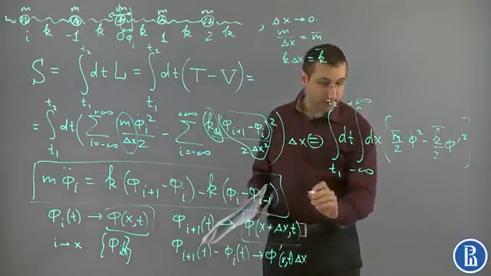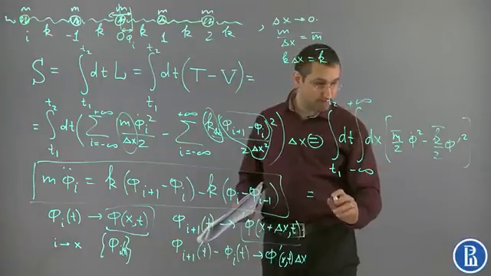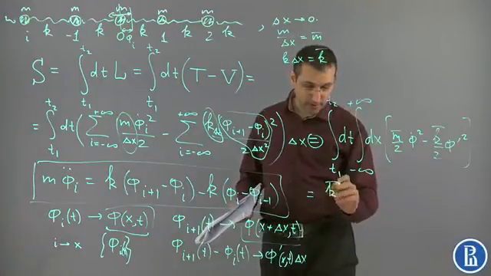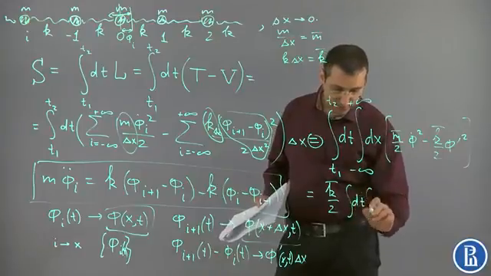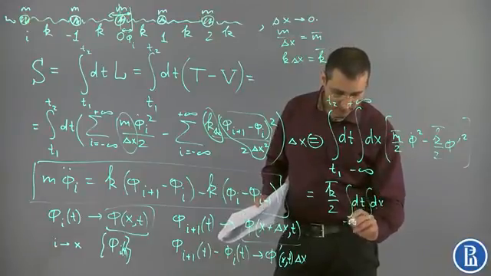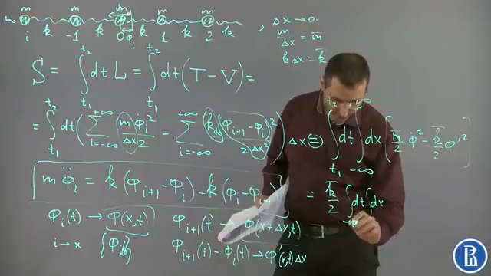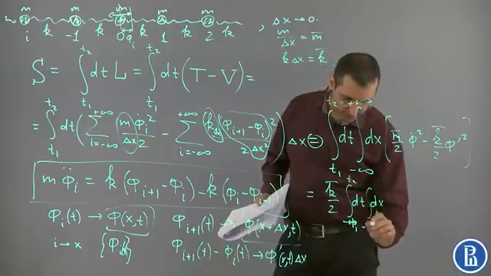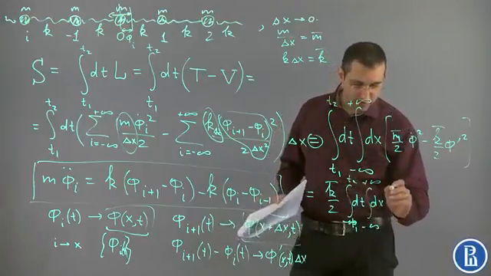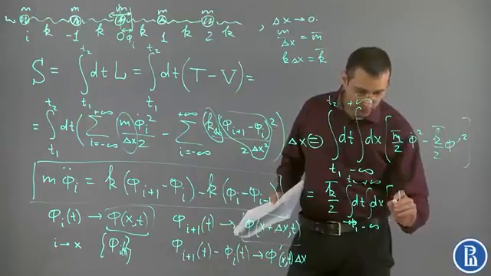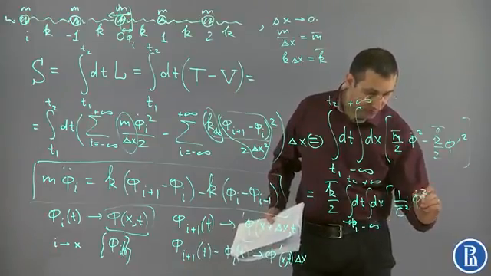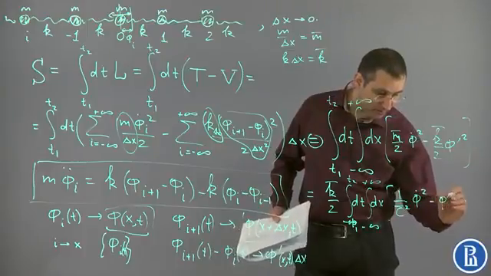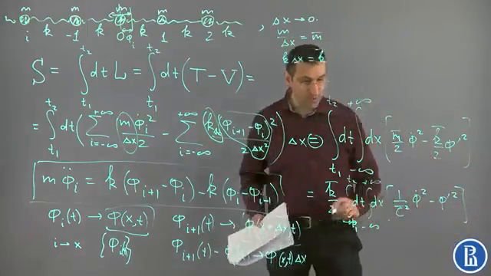So if we write this like this, k bar over 2, integral dt dx from t1 to t2, from minus infinity to plus infinity, here we obtain 1 over c bar squared, phi dot squared, minus phi prime squared.